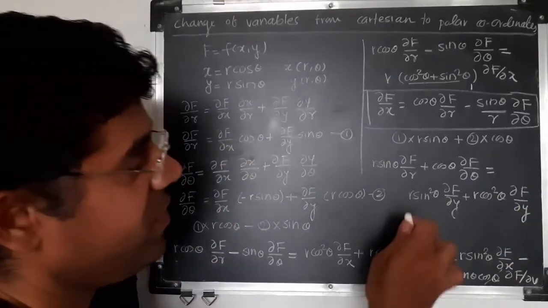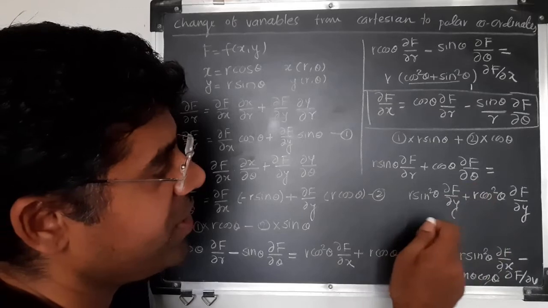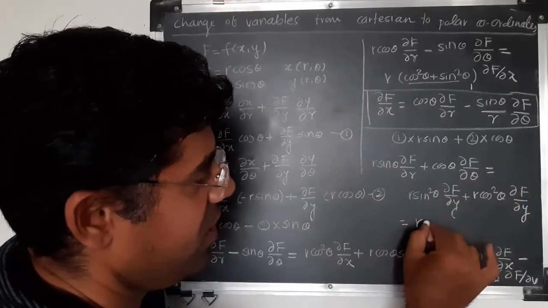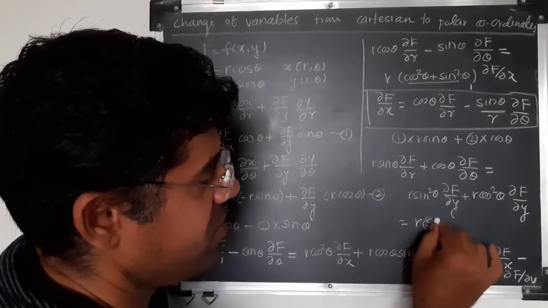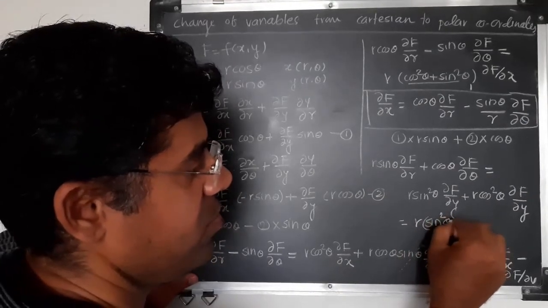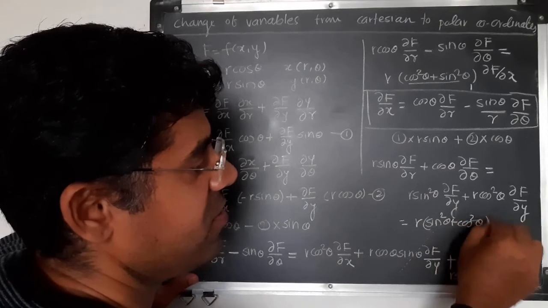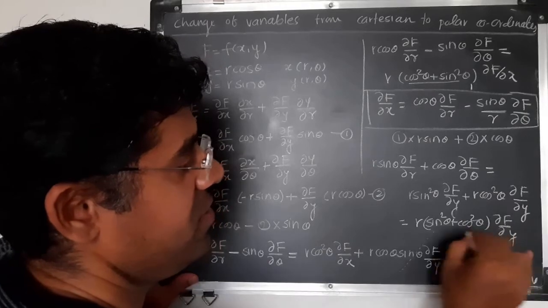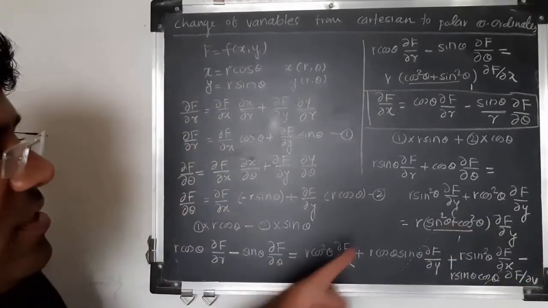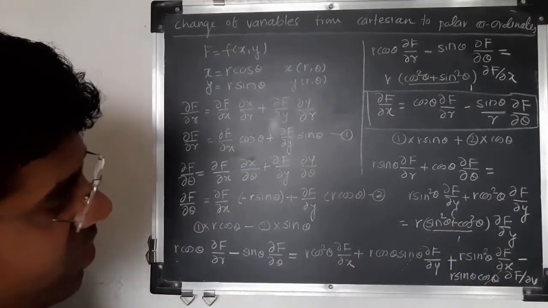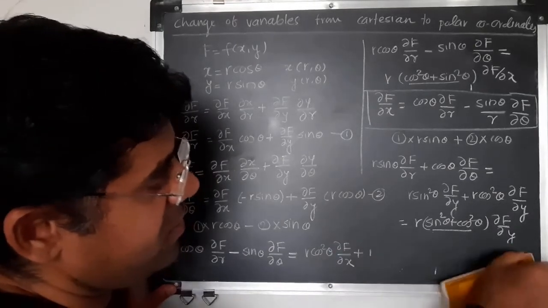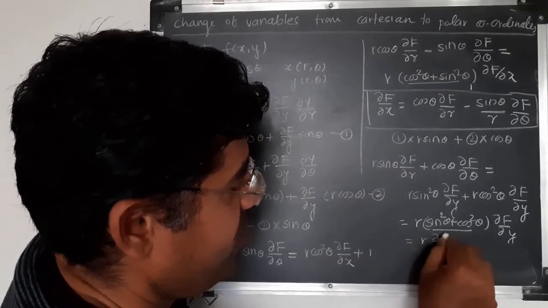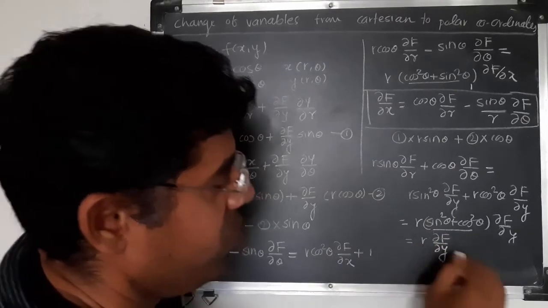So I will take r common, ∂f/∂y common, so inside the bracket what is remaining is sin square theta plus cos square theta, into ∂f/∂y. This is equal to 1, so ultimately you will get r ∂f/∂y.